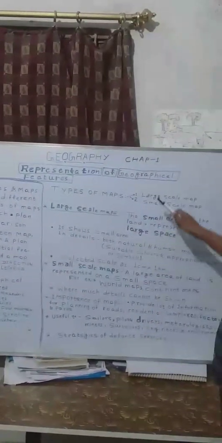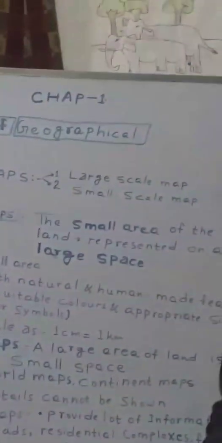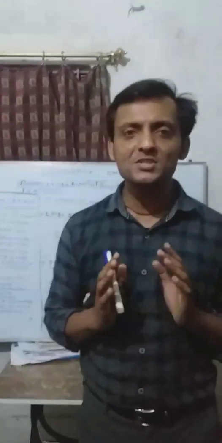Now I need to explain the types of map. Students, there are two types of map: large scale map and small scale map. Now I need to differentiate them. Students, if you want to see any place on a map with much information or detail, we need to represent that small area on a large space.